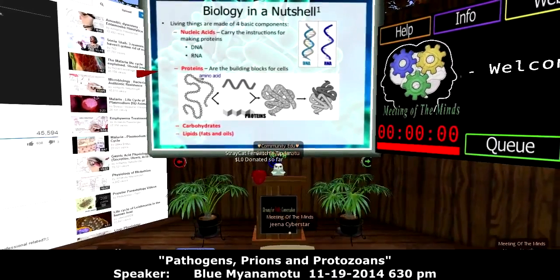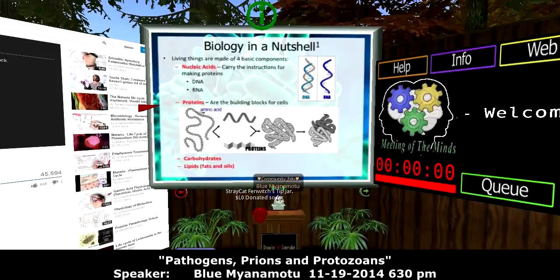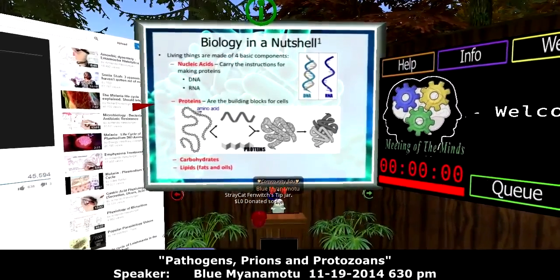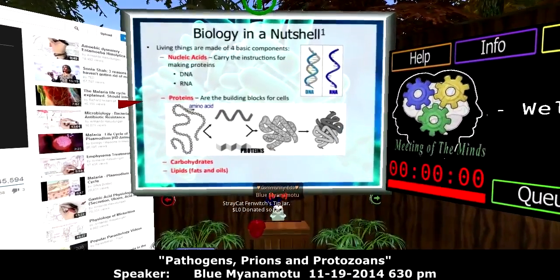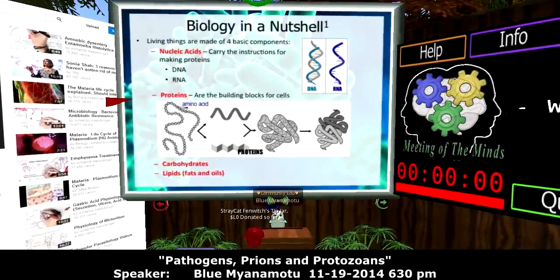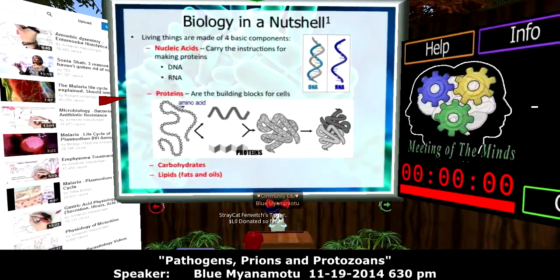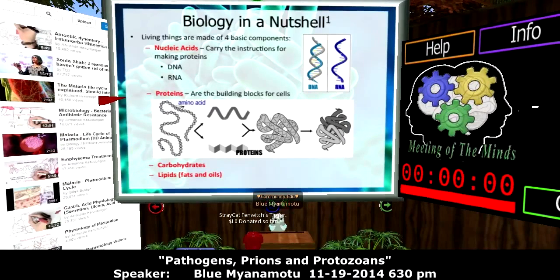So, biology in a nutshell, and the reason I'm going over this is because if we look at the difference between viruses and bacteria, and prions, it almost comes down to these 4 basic components. First is the nucleic acids, and you'll see that in living things and even in non-living things like viruses, there's only 2 different kinds of nucleic acids that we know.